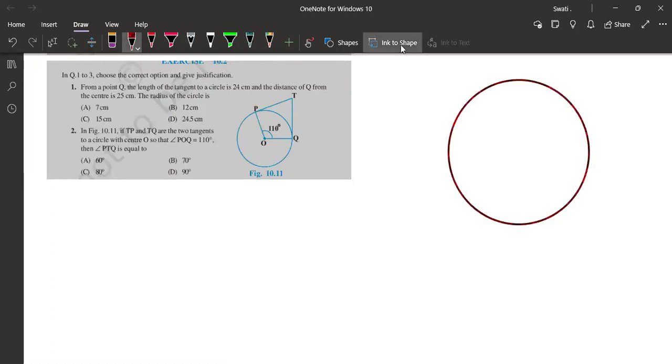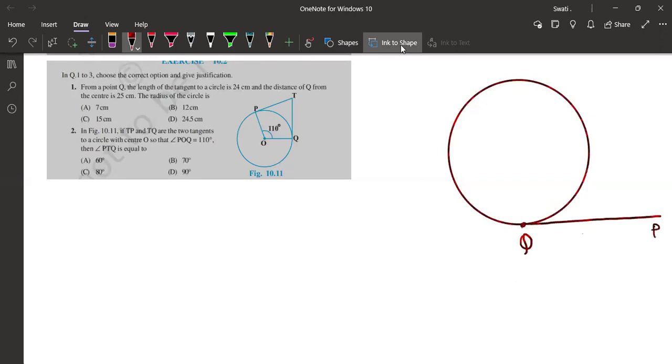So we have a circle. There is a point Q. From point Q, you have drawn a tangent, and the length of the tangent to the circle is 24 centimeter. That is given. So let's draw this. This is the tangent, and let's write this as P.